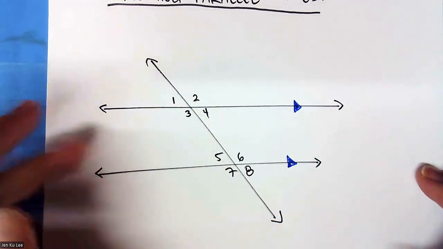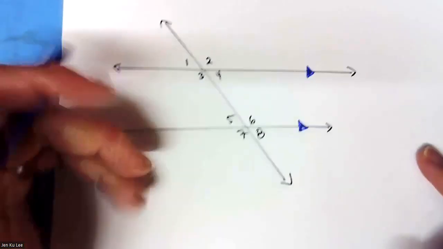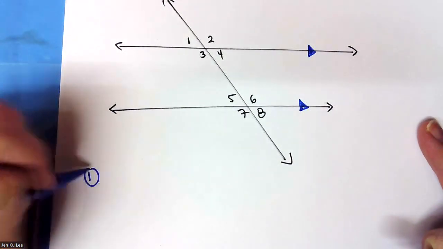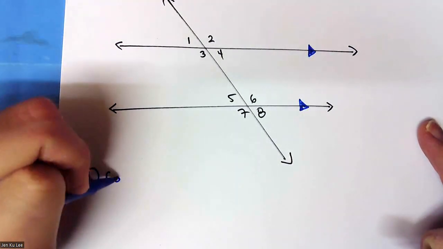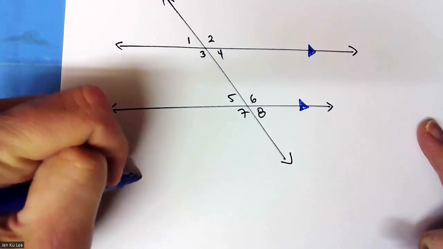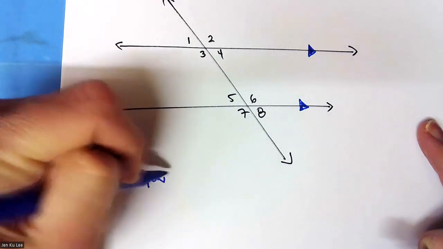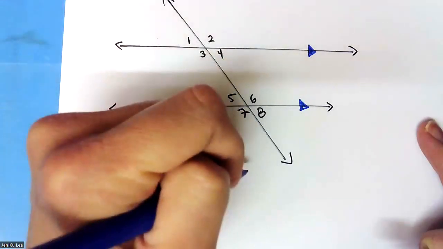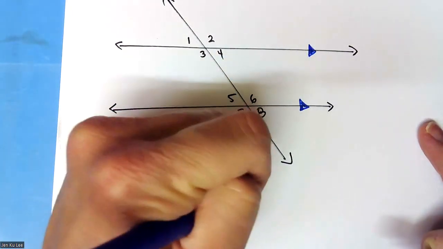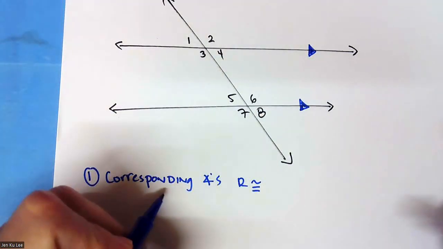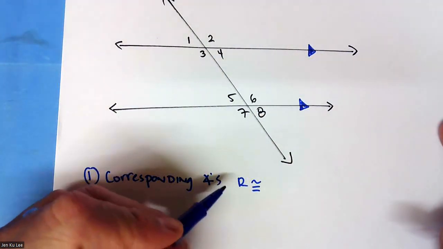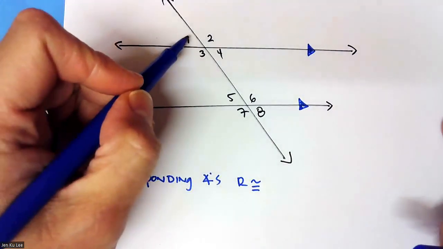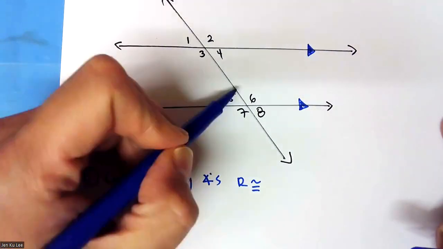special angles are created. The first special angle that is created is corresponding angles. And corresponding angles are congruent, right? So what are corresponding angles? Angle 1 corresponds with angle 5.